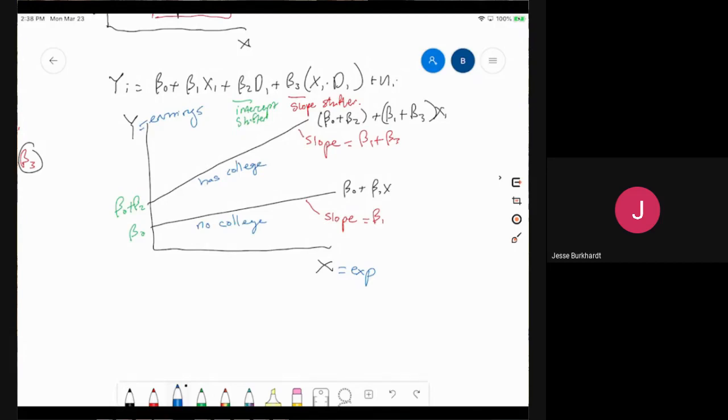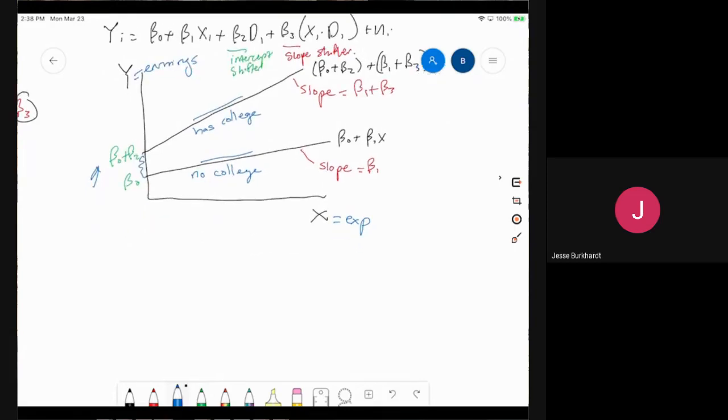If you have 0 experience, getting a college degree increases your earnings by beta 2. It increases this difference here. But as you get additional experience, the effect of college on earnings is greater and greater. The slope of the has college line is steeper than the no college line. So people with college degrees, the more experience they get, the more earnings they receive. That's pretty nice if you have a college degree.